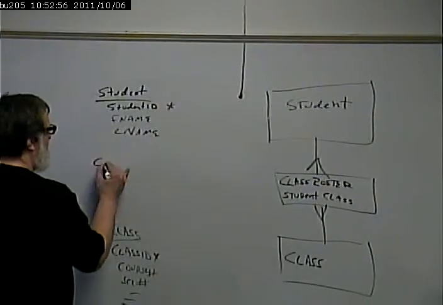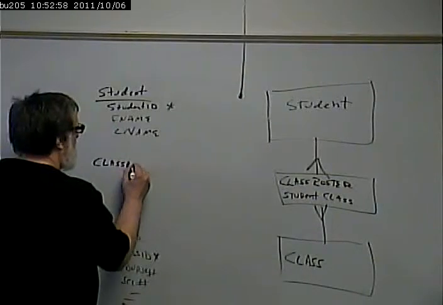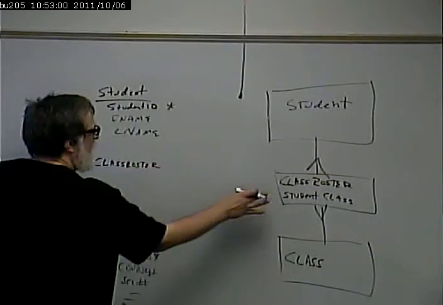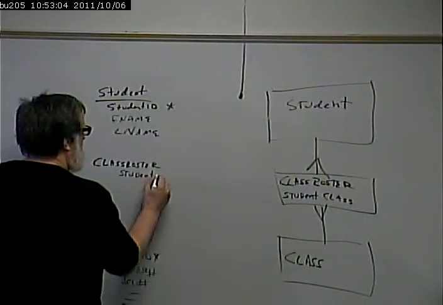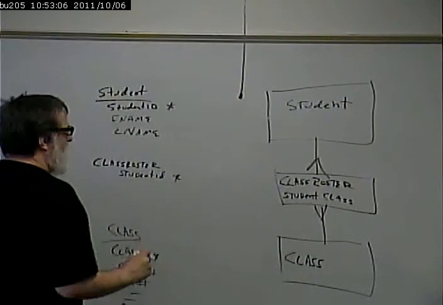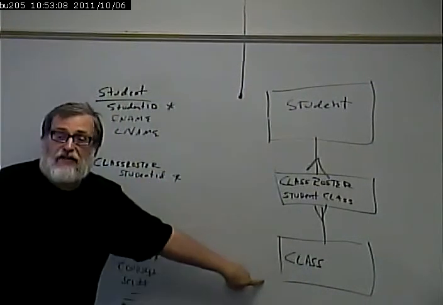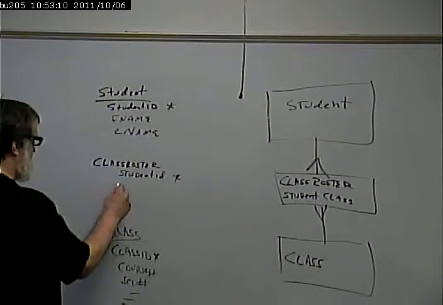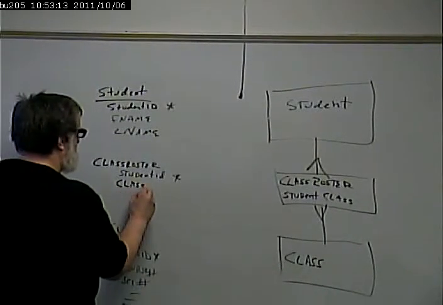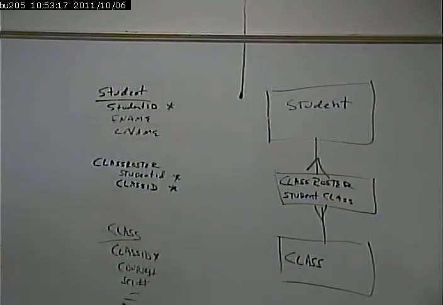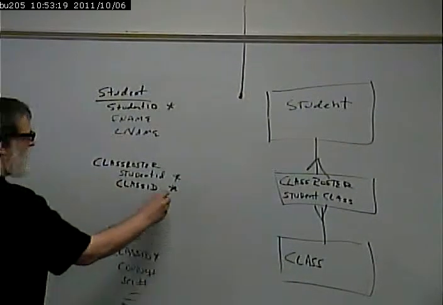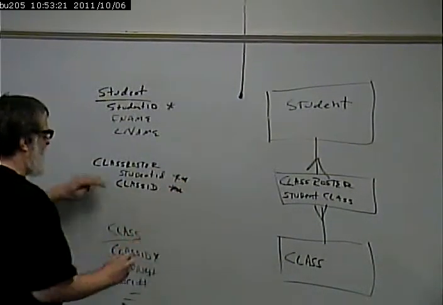So in this class roster table, we have to be able to point to a student, so we're going to have a student ID in here. And it has to point to the class. So we have a class ID in here. So the class ID is a foreign key that points to the class.